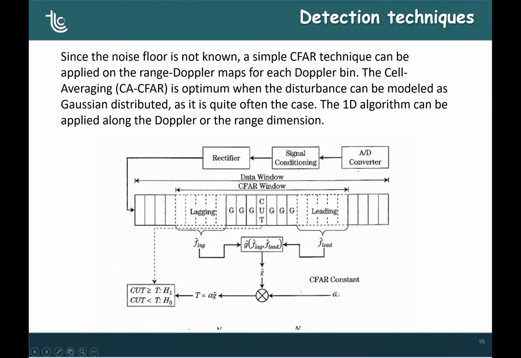And this constant alpha is fixed based on the probability of false alarm that we want to accept in our system. Then we build the threshold T, and then we compare the sample in the cell under test with this threshold T. Of course, if the cell under test is greater than T, then there is a target. Otherwise, there is no target.